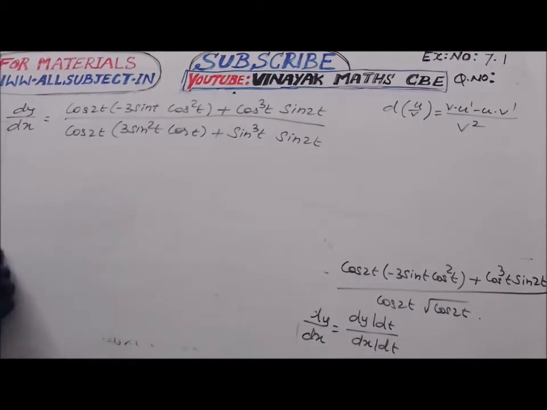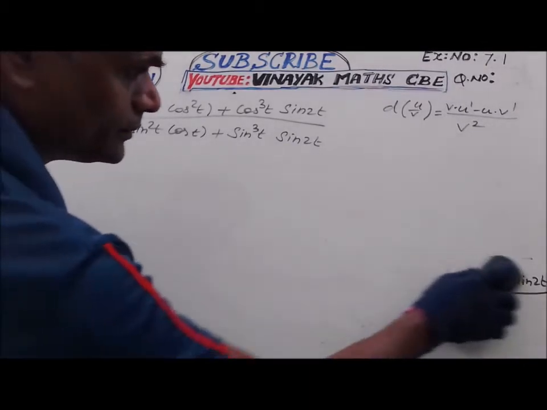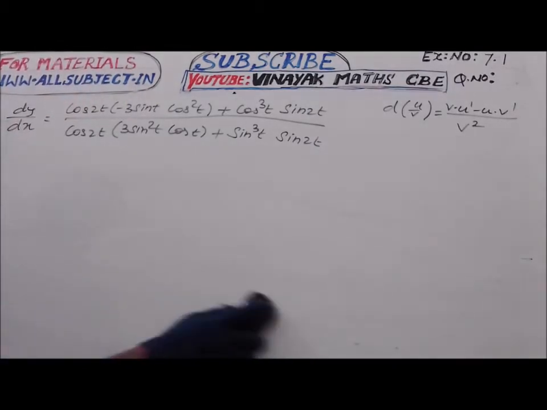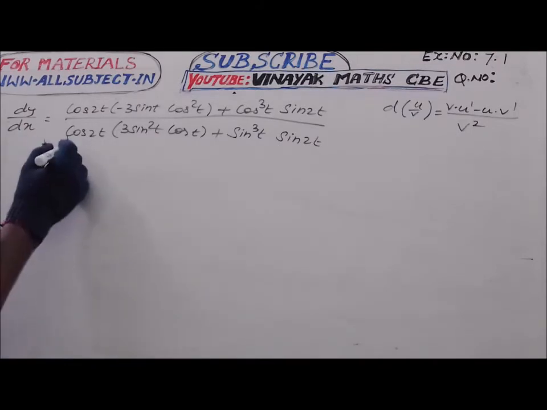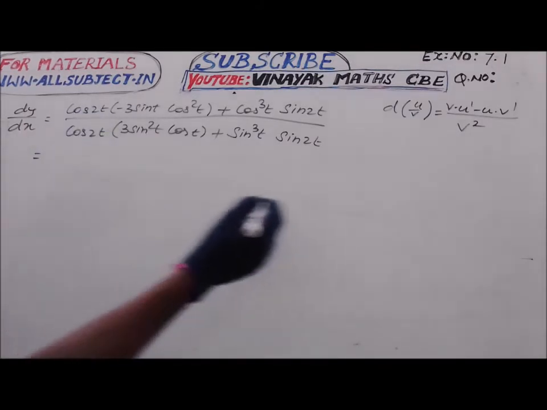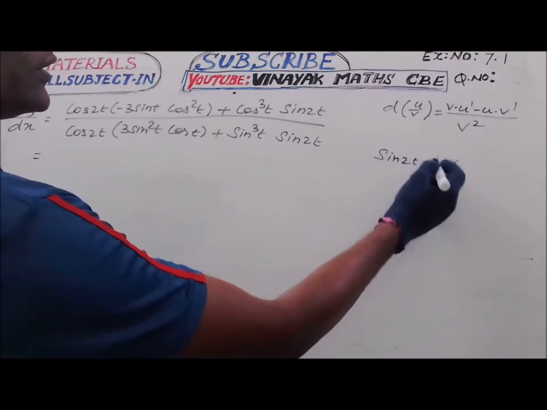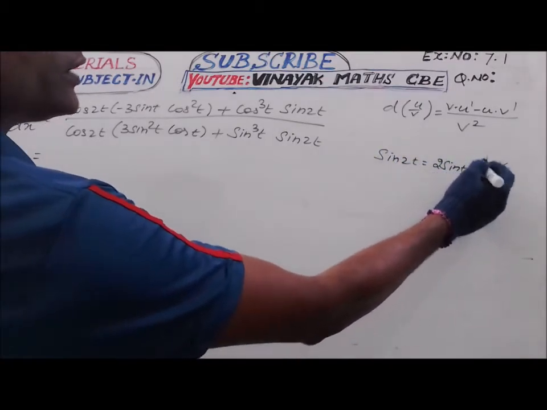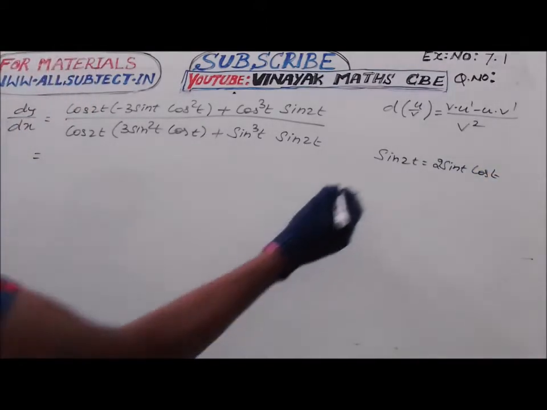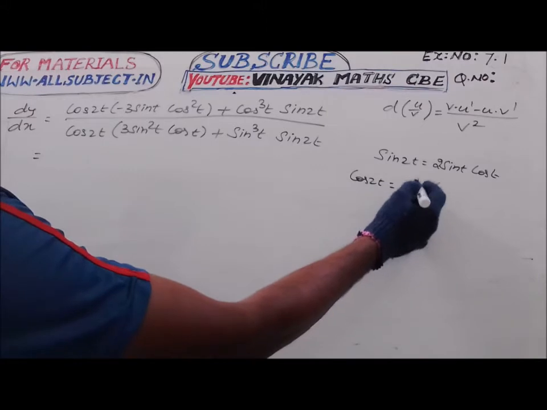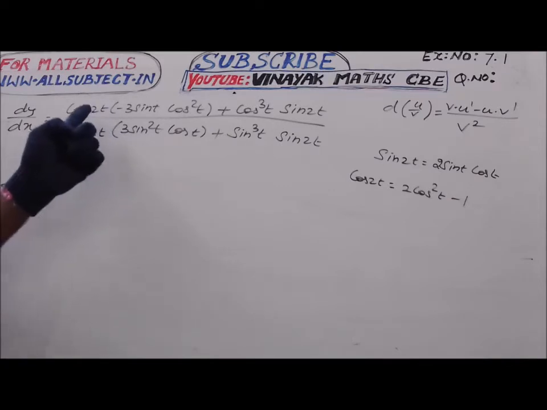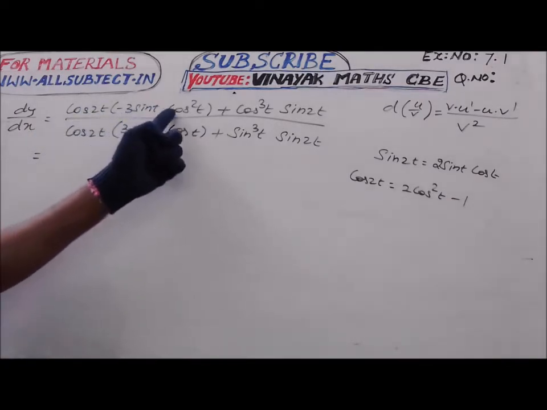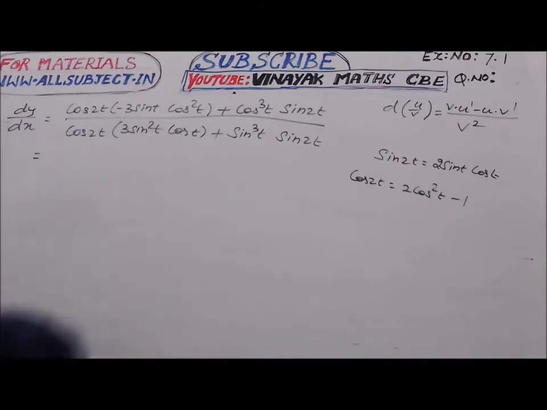Taking out sin t cos t after substituting sin 2t, we have the formula sin 2t equal to 2 sin t cos t, and cos 2t equal to 2 cos square t minus 1. Substituting in it, for cos 2t it is 2 cos square t minus 1.